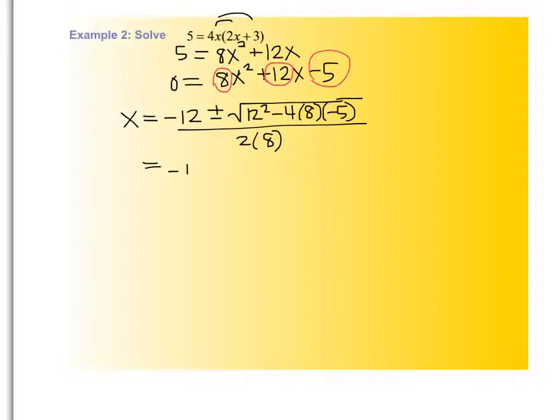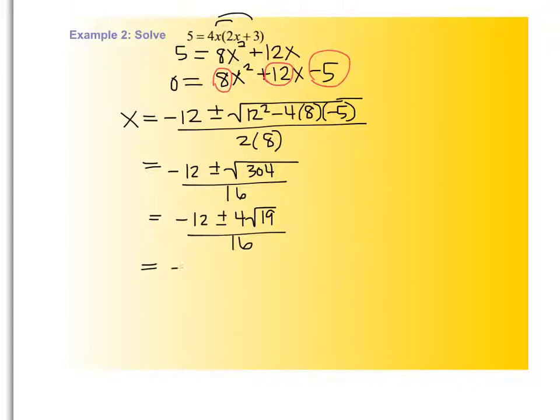So now you just simplify. Under the radical, I can see that I'll have 144 plus 160, so that's 304. The square root of 304 can be reduced into 4 root 19. And then thinking about these terms as both being over 16, I can reduce both.